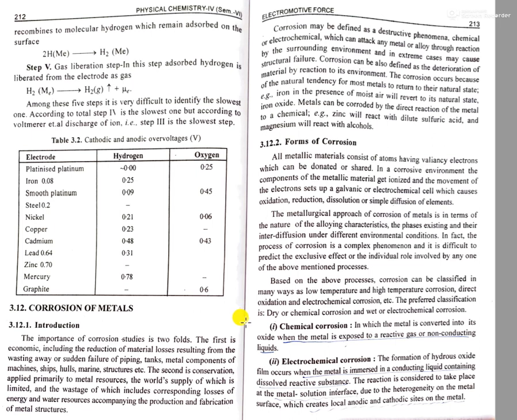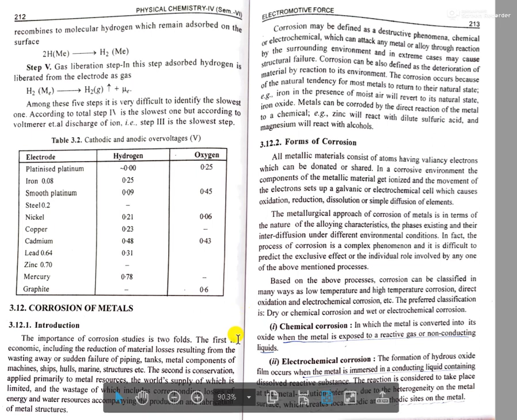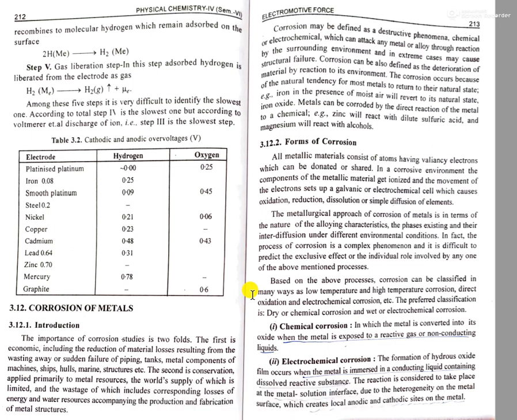That is, the metal surface is not homogeneous, it is heterogeneous in nature because of the hydrous oxide film formation. As a result, local anodic and cathodic sites are formed on the metal surface.